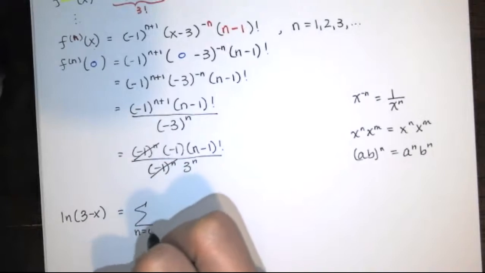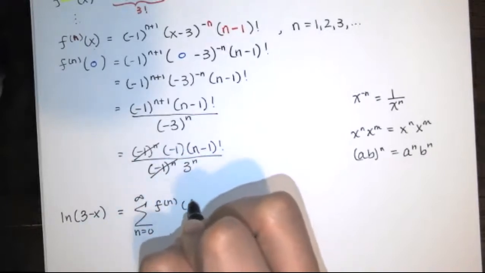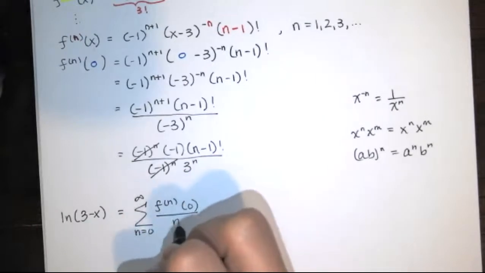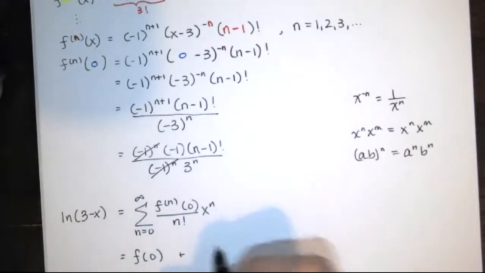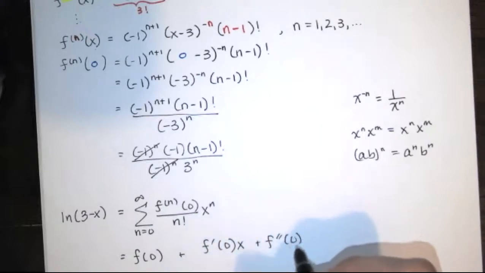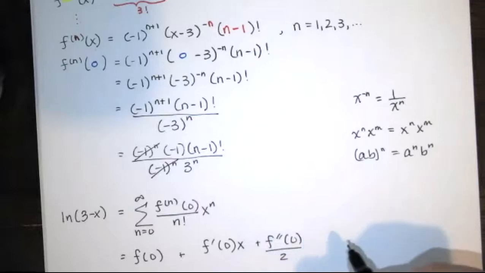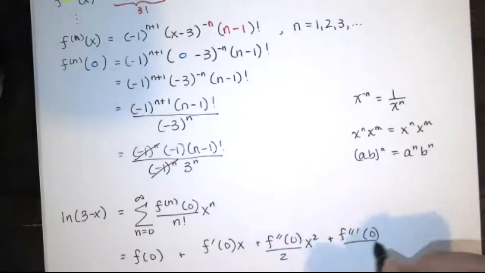It's the sum as n goes from 0 to infinity of the nth derivative of f evaluated at 0 over n factorial times x to the n. And that's f of 0 plus the first derivative at 0 times x plus the second derivative at 0 over 2 factorial times x squared plus the third derivative at 0 over 3 factorial, which is 6, times x cubed.